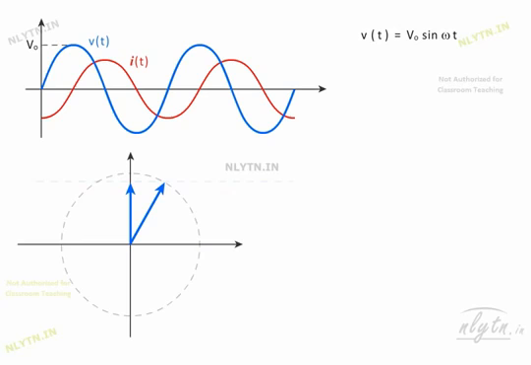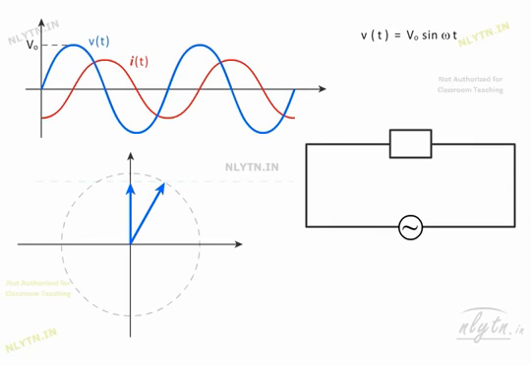Also, we will explore in this chapter that when a source of alternating voltage drives an alternating current in a circuit, then voltage and current are generally not in phase. That is, they do not achieve their maximum values at the same time and do not become 0 at the same time.